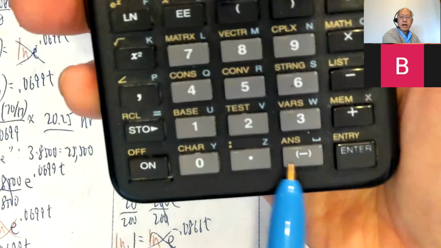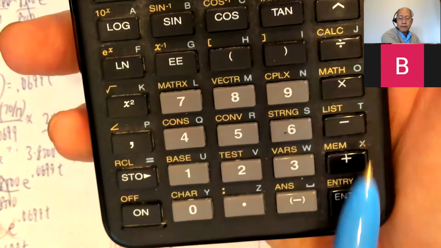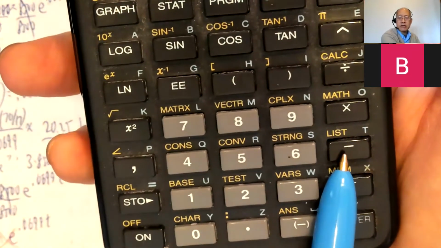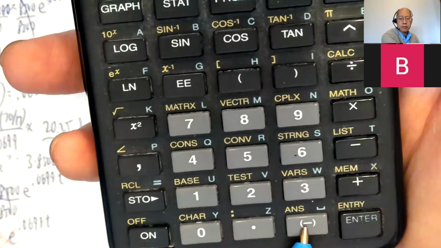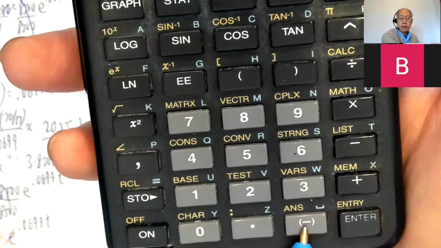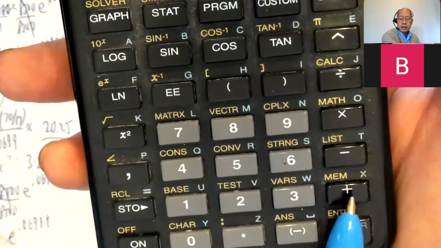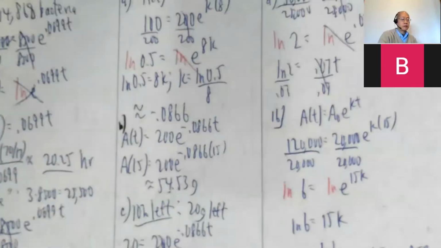It's down here, not this one. How can you tell? This is with the 4 basic arithmetic operations: plus, minus, times, divide. So this minus sign is for subtraction, and this is the one that gives you the negative number, at least on my calculator, but there's a good chance your calculator does the same thing.